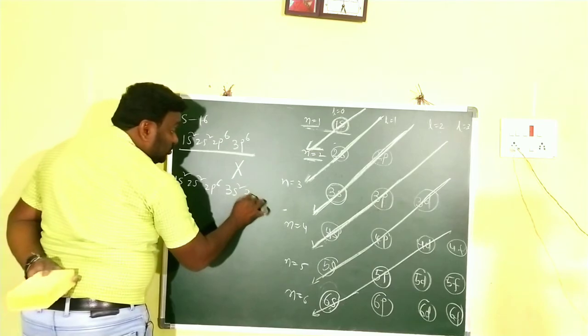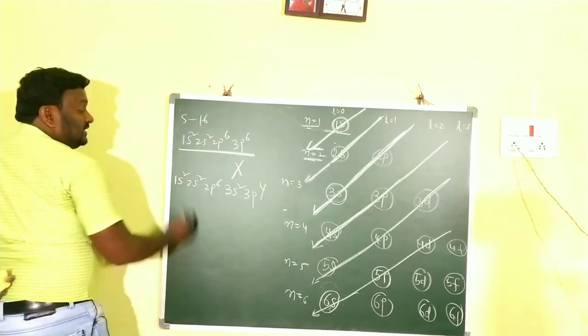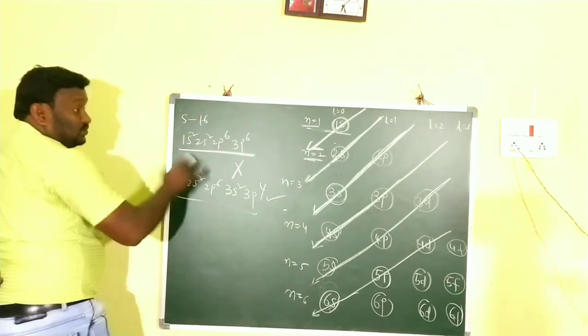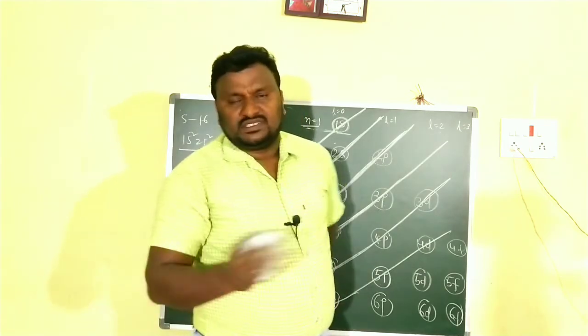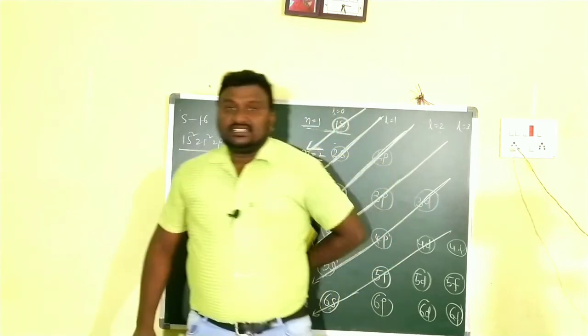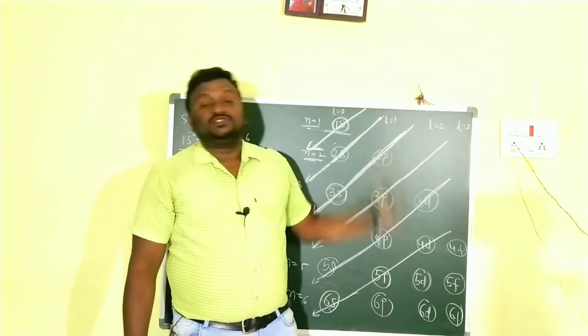And only after that you can go for 3p4. 10, 12, 16. This is the correct one. So this is about the Aufbau principle, children. Simple. You have to fill the lowest energy level first. To understand that, you must practice this diagram.